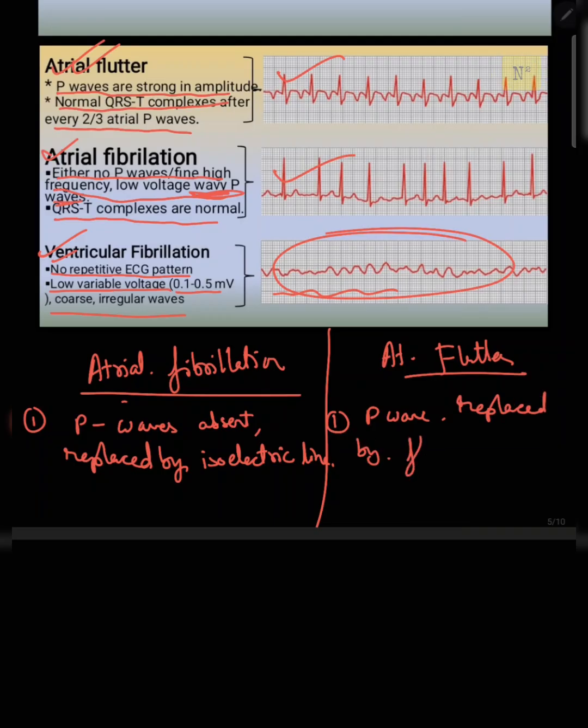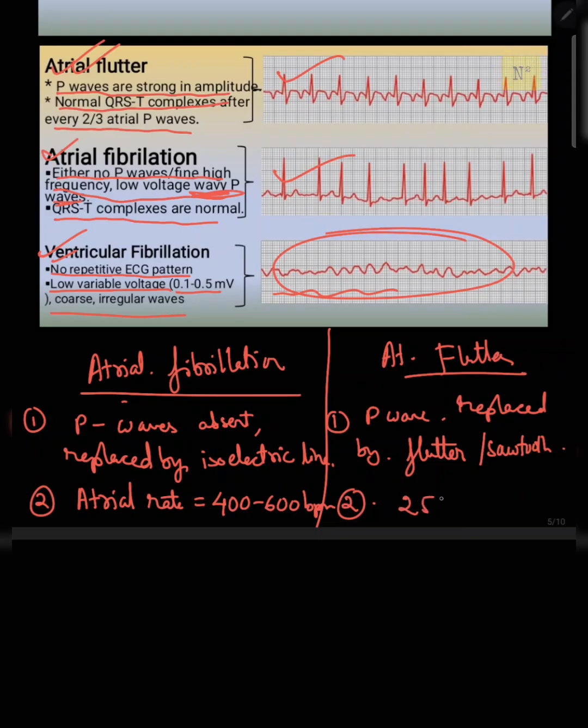In case of flutter, the P wave will be replaced by a flutter or sawtooth appearance. In case of atrial fibrillation, the atrial rate is 400 to 600 beats per minute, whereas in case of atrial flutter, the rate is from 250 to 350 beats per minute.